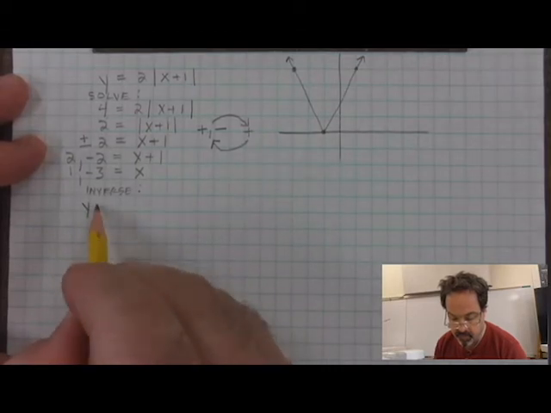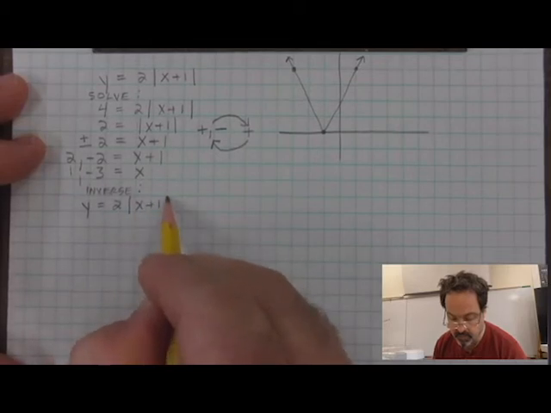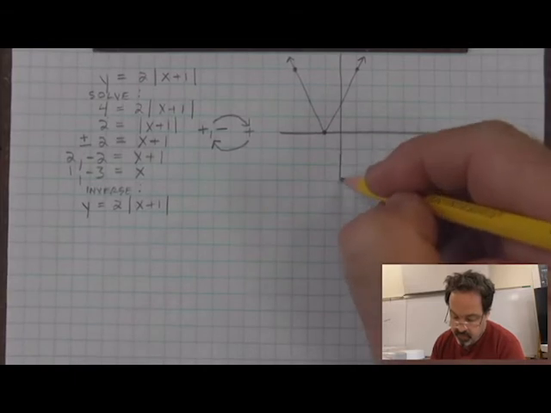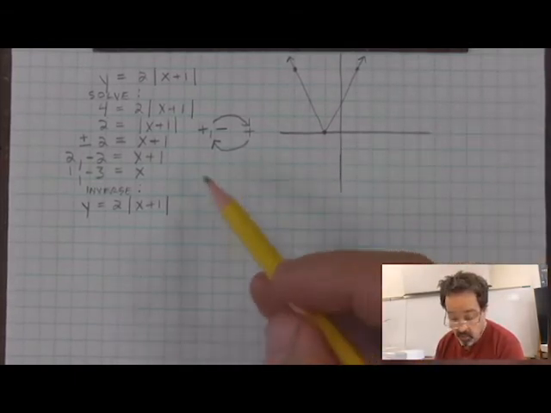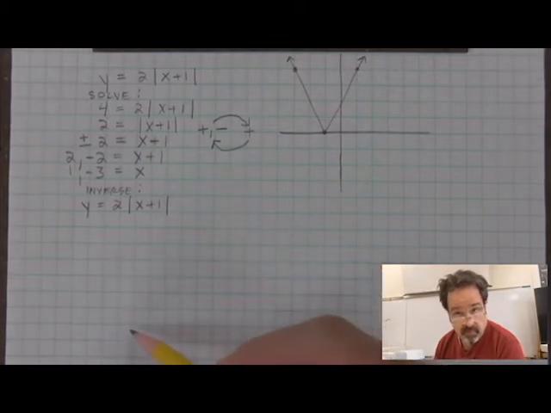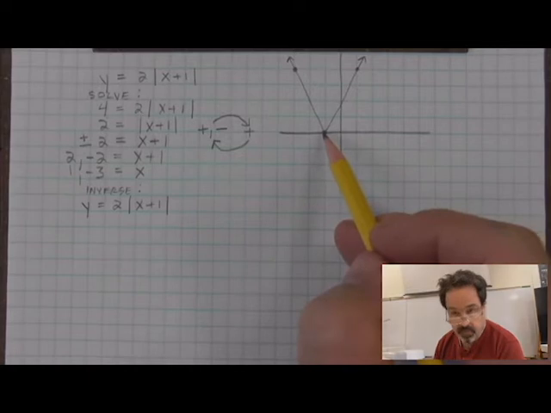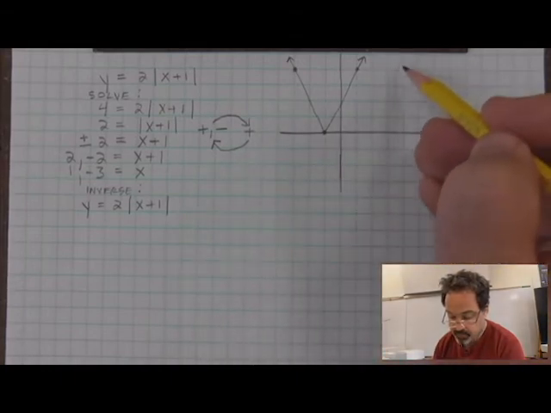Back to the equation where we have two variables, y is equal to 2 times the absolute value of x plus 1. And if we think on the graph for a moment to get an idea of what the process should give us, we could be reminded that the inverse of a function on a graph is the reflection of the function over the equation y equals x.